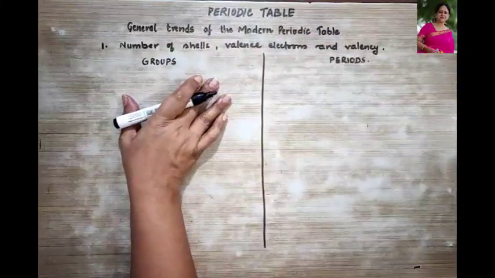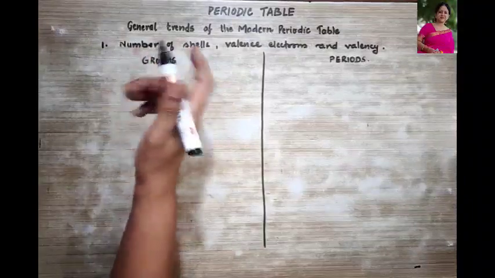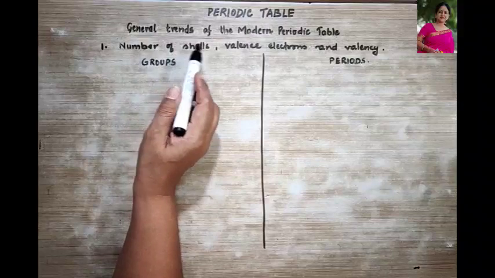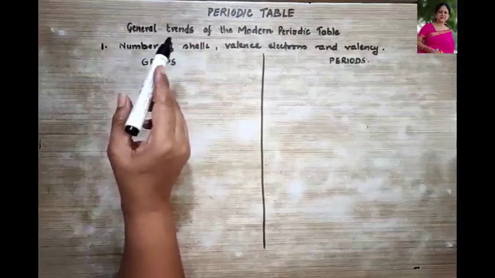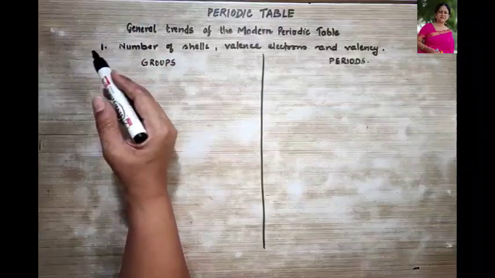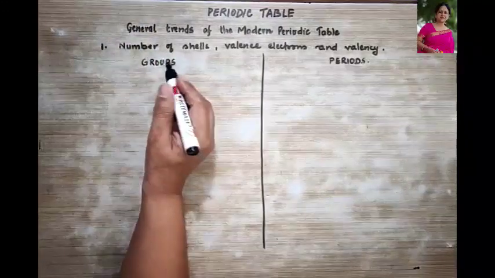Now let me give you one example and then I'm going to explain it to you. What do we mean by the number of shells? It is the number of orbits that you must have drawn earlier in your atomic structure chapter.